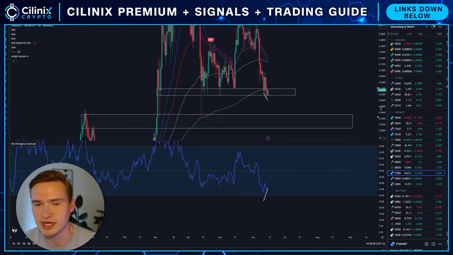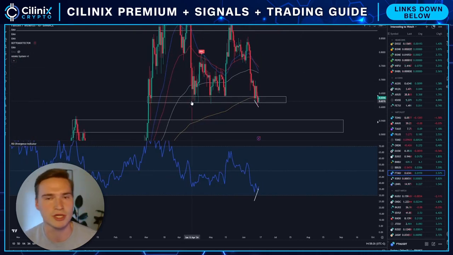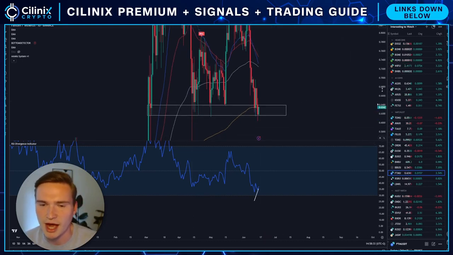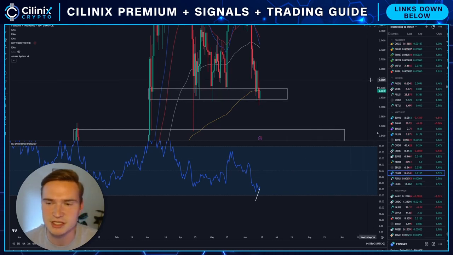Now then you zoom out to the daily time frame and you can see we are actually at a significant support level here at 62 cents. So then it gets more interesting. You have a significant support level, a bullish divergence, and now in the case of Phantom, I would love to wait for some sort of a breakout above the 200 EMA at 63.5 cents. If you do that, you have 3 confirmations, and that could be a good trade, but that's essentially what you're looking for.